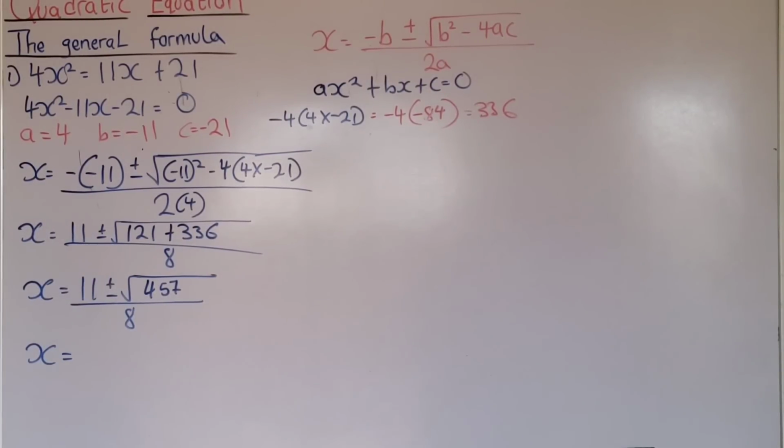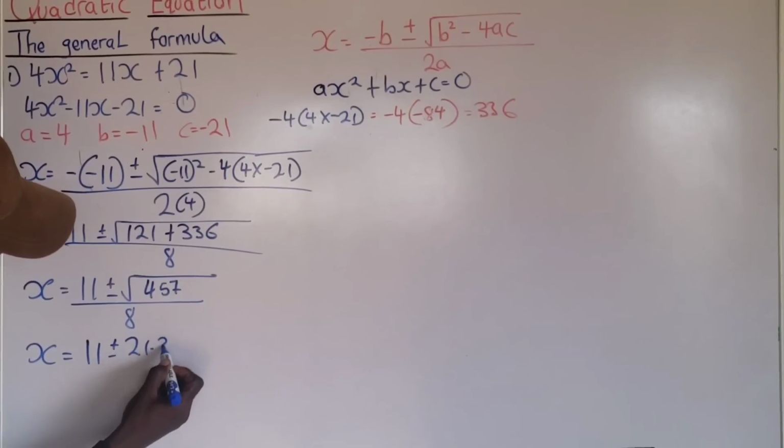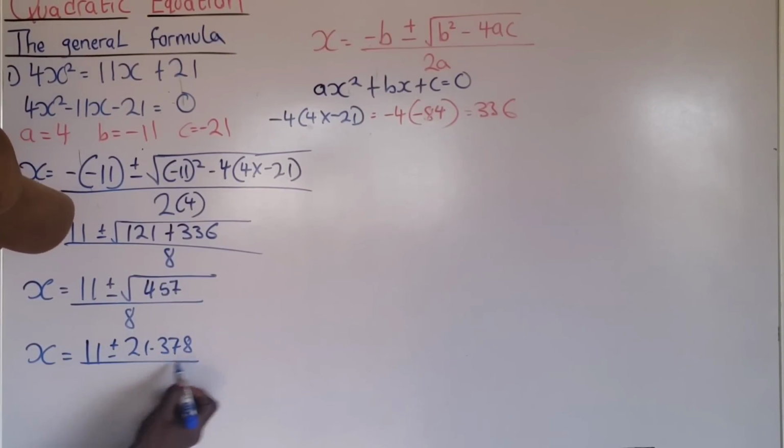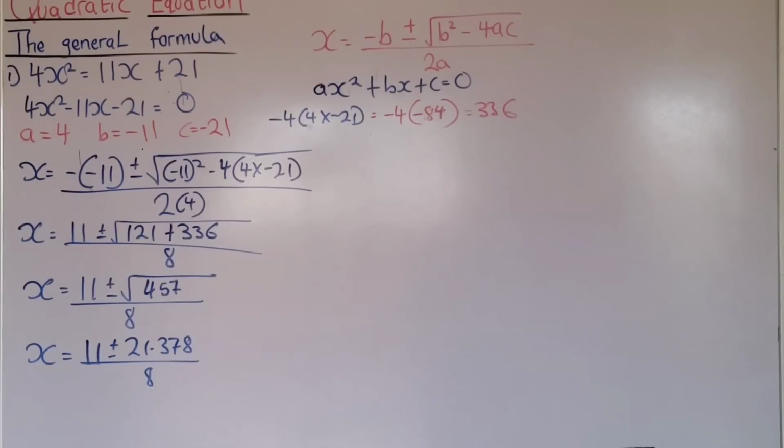The square root of 457 is 21.378. So I'm going to have 11 plus or minus 21.378 all over 8.